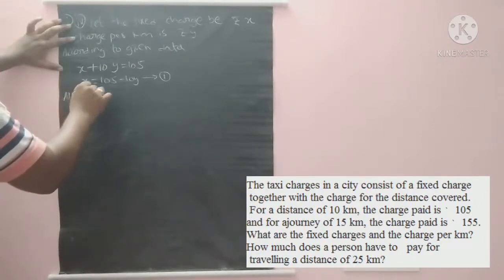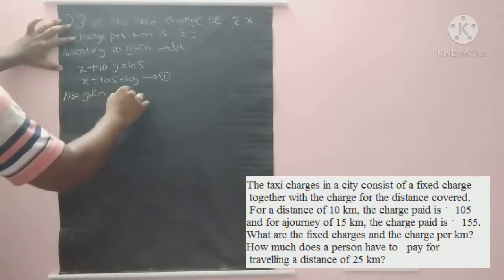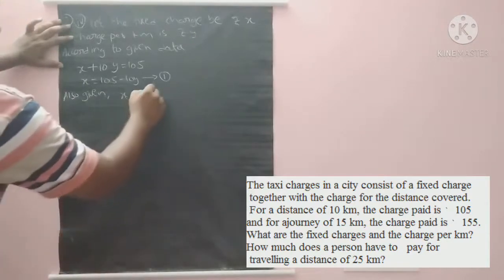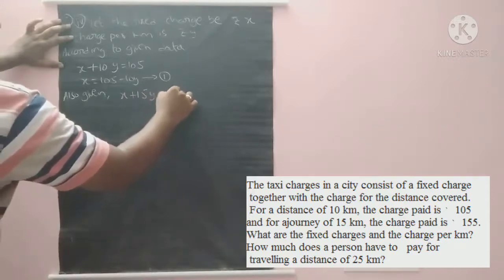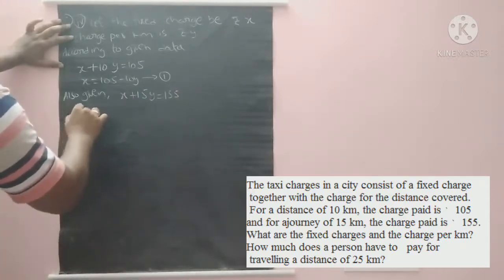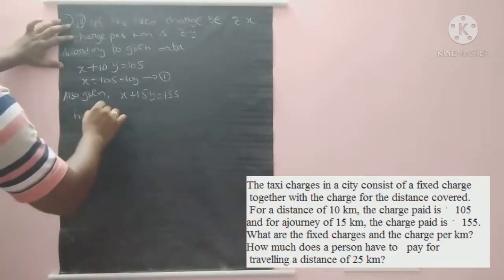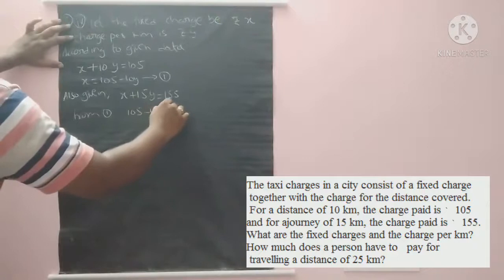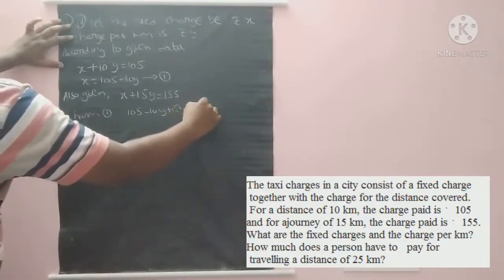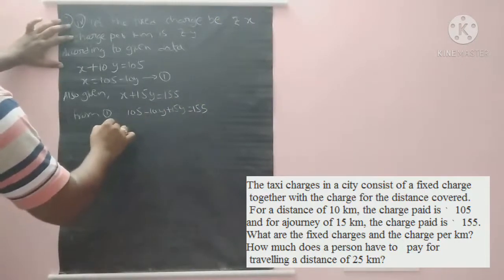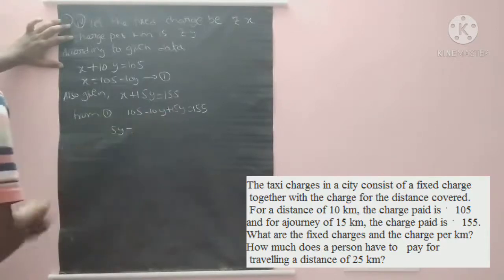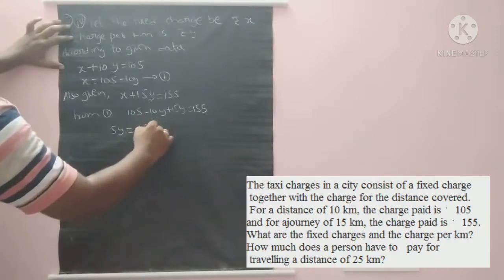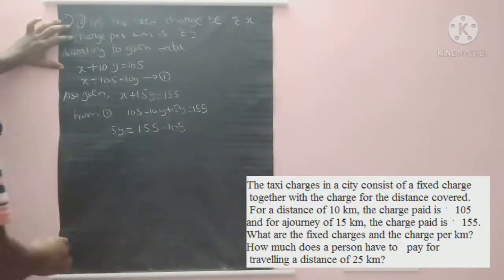Also given, the charge for 15 kilometers is rupees 155. So x plus 15y equals 155. From 1 we can write 105 minus 10y plus 15y equals 155. This is 5y plus 105 equals 155, so 5y equals 155 minus 105.